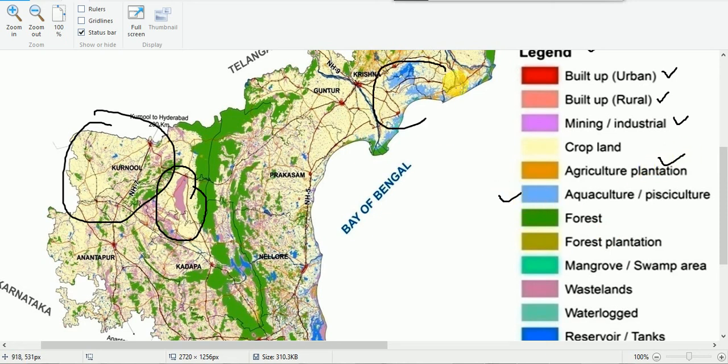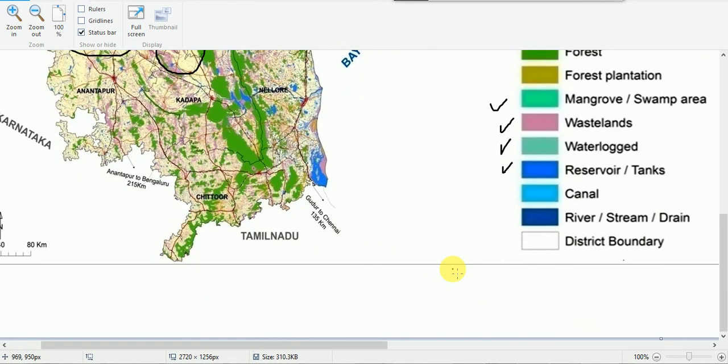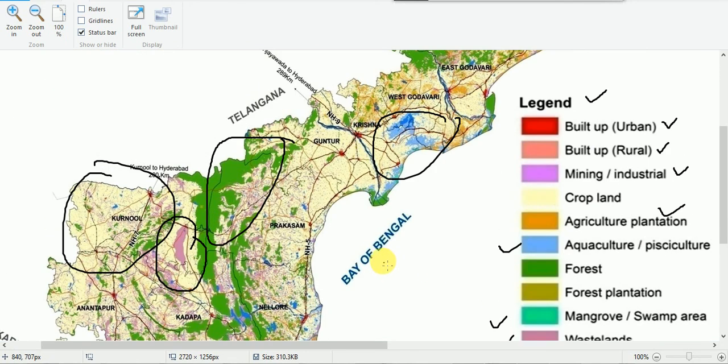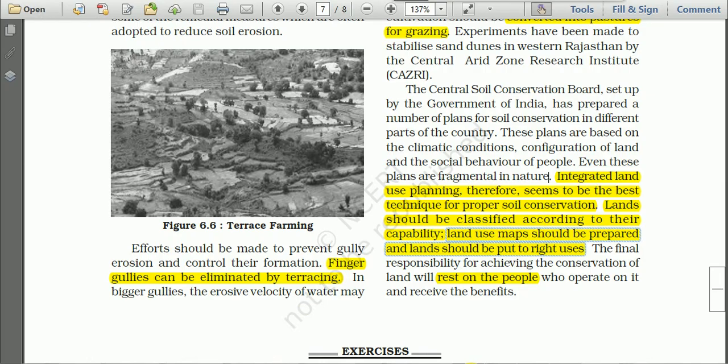Just see here, aquaculture, then forest land, forest plantation, then mangrove, wasteland, waterlogged areas, reservoirs, tanks, then canals, rivers and streams. So in this way we have to prepare a land use land cover map, and the land must be put under right use, as mentioned here.